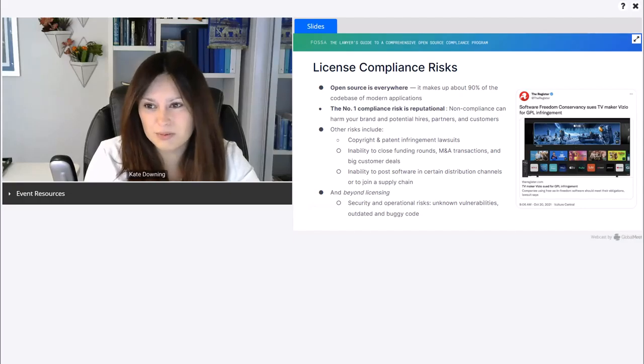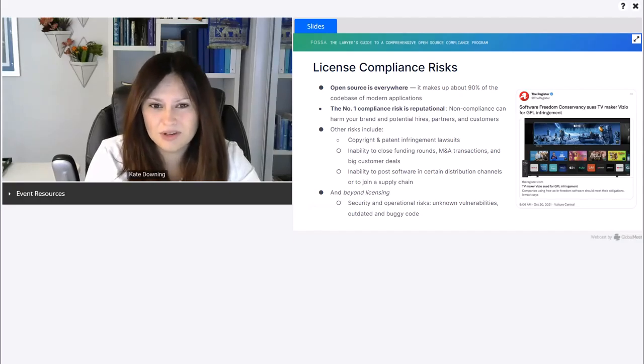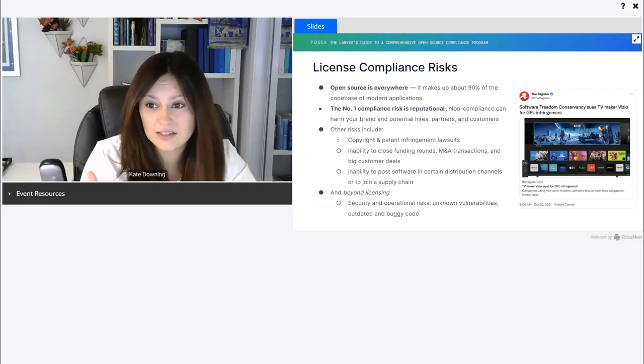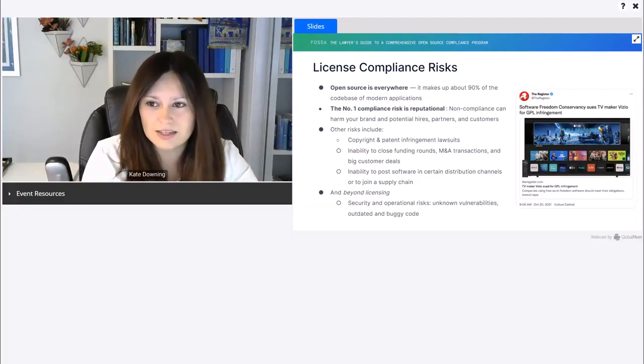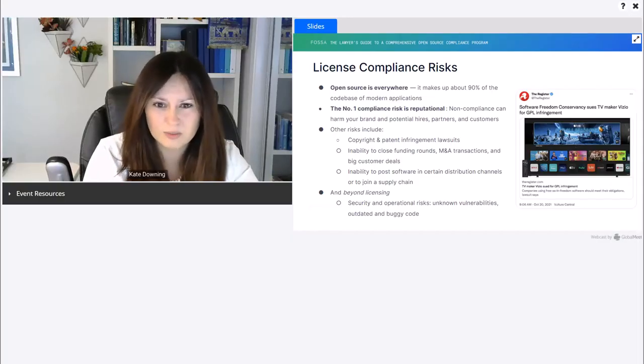That's usually where people's minds go when they're talking about open source. And that's fair, because an open source license is an IP license. If you violate an IP license, there is always the risk of a suit regarding copyright or patent infringement. But in terms of risk, it's probably not your biggest risk.